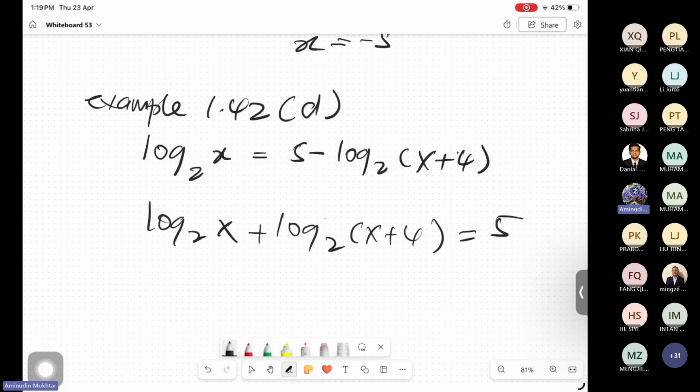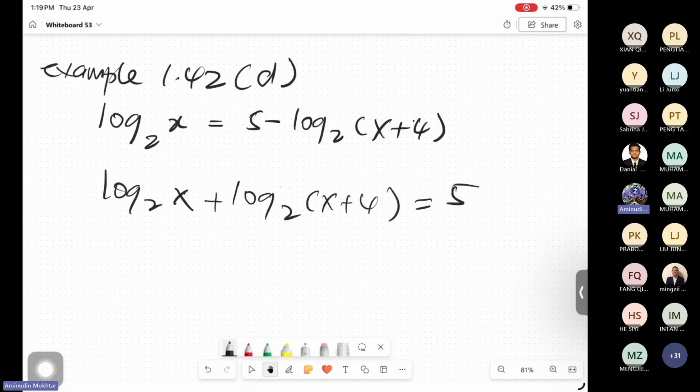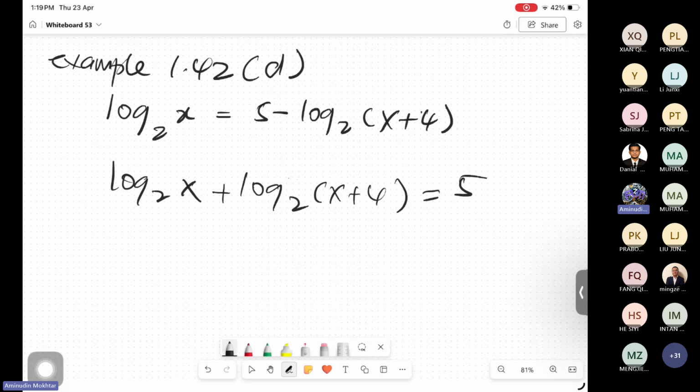I arranged the part of the equation with log on the left-hand side, and the rest, the constant, on the right-hand side. Now we have log 2x plus log 2 (x plus 4). These two parts have the same base, so now we can apply the properties of log.